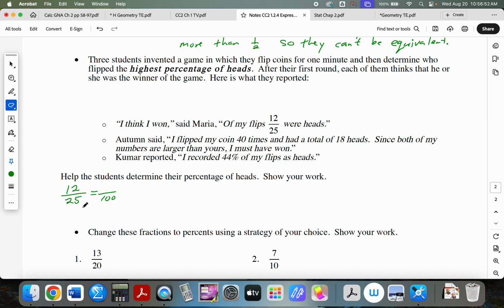Yeah, multiply by 4. So we're going to multiply the 12 by 4, and that's 48. So that's 48%. And I'll write that up there by hers. Autumn said that she did this 18 heads out of 40.